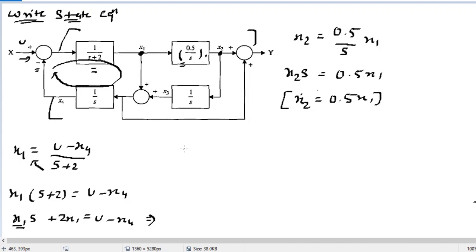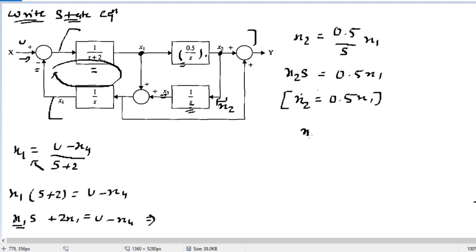The next one is x3, which we have to calculate. The only signal that enters the x3 block is x2.